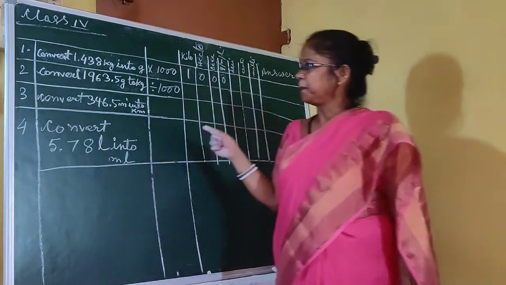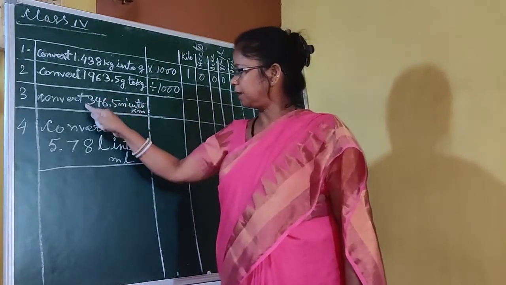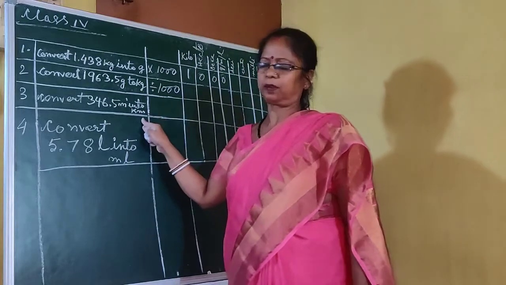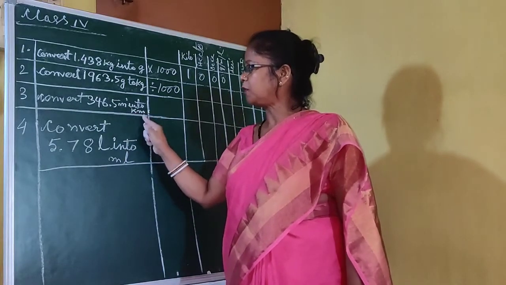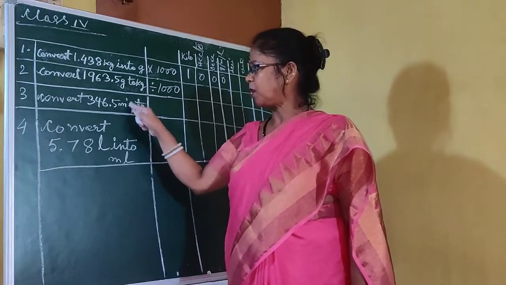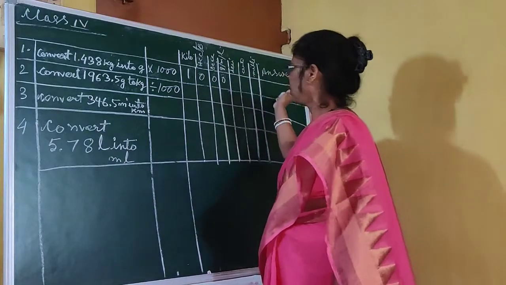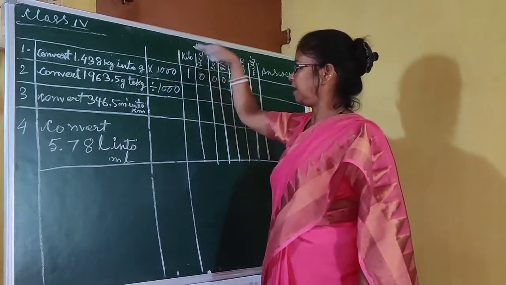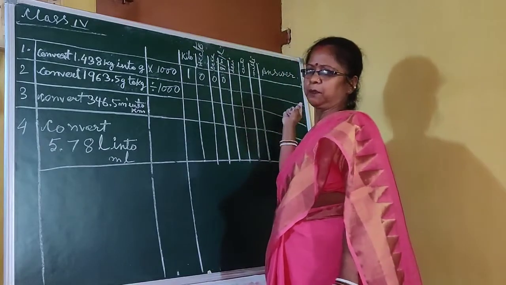Then in length, meter to kilometer. It is reverse. You have to divide because it is smaller unit to greater unit. Greater unit to smaller unit, multiply.